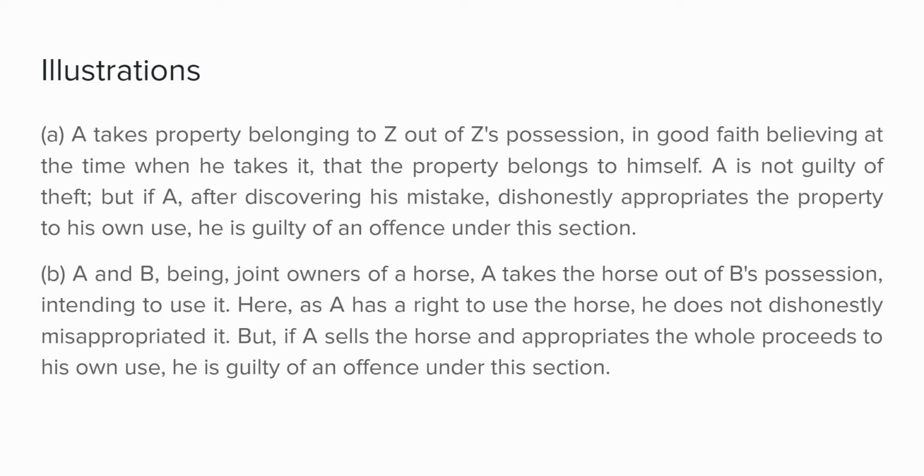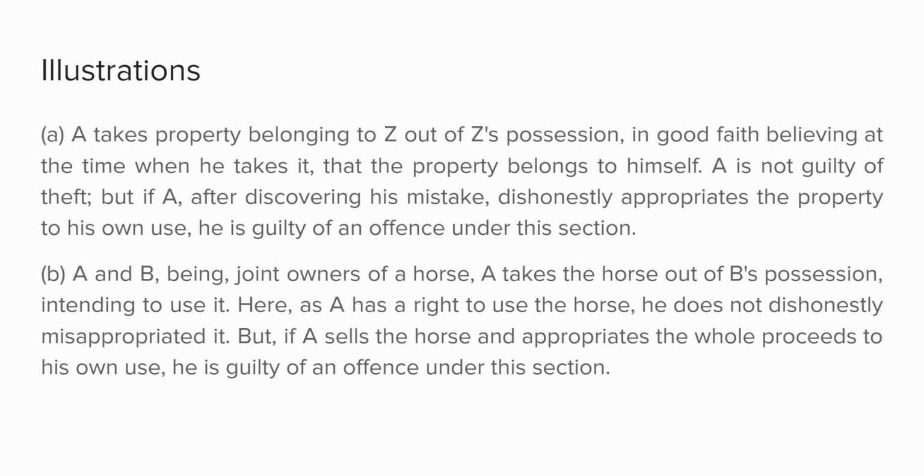Second example: A and B being joint owners of a horse. There is a horse and the owners, A and B, are the joint owners of that horse. A takes the horse out of B's possession with the intention to ride it.